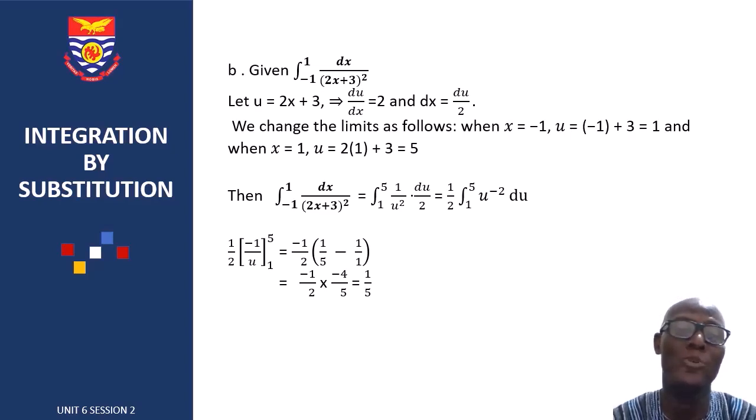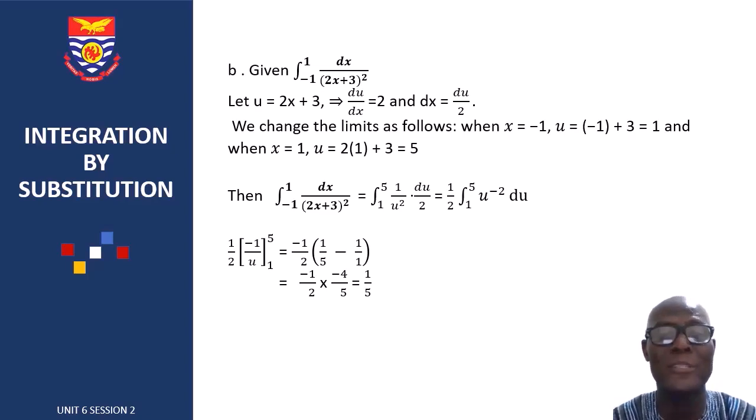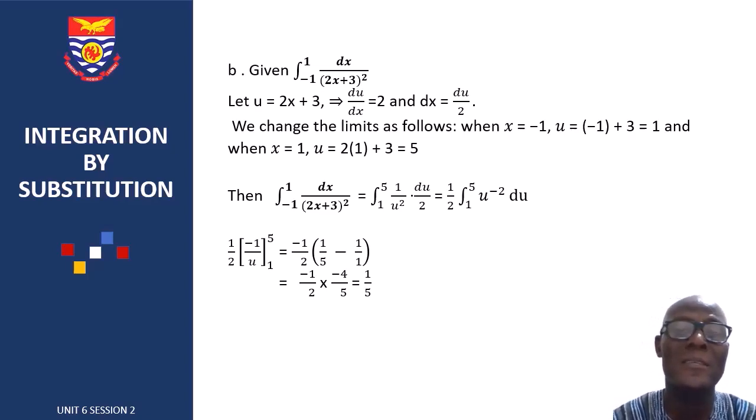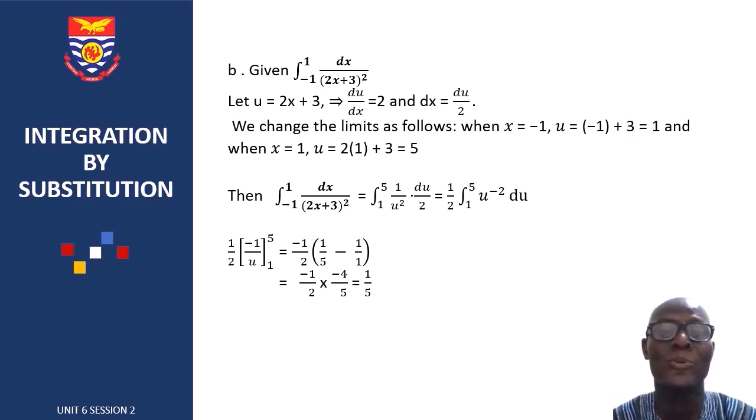And differentiating u with respect to x, we have du/dx to be 2. And making dx the subject, we have dx to be du over 2. Now, we change limits. Since the integral will now be in u, the limits must also correspond. So we change limit from x to u.